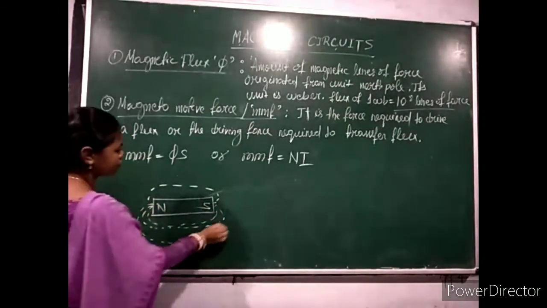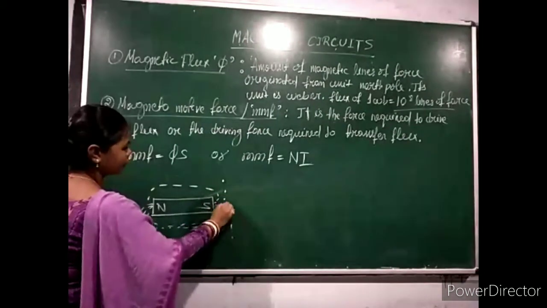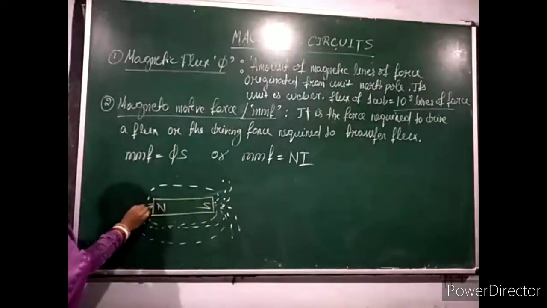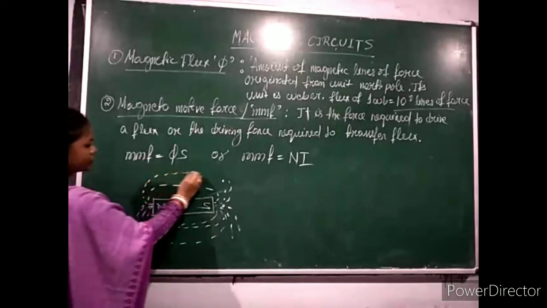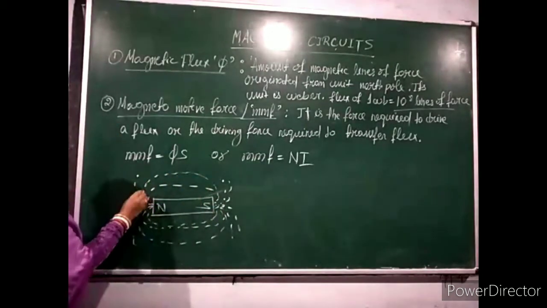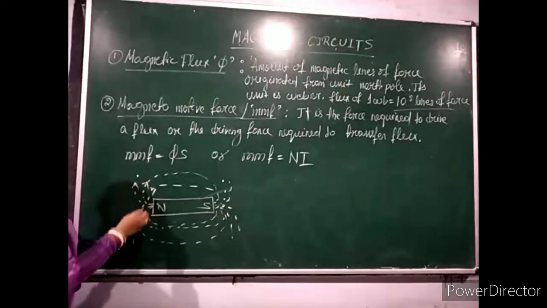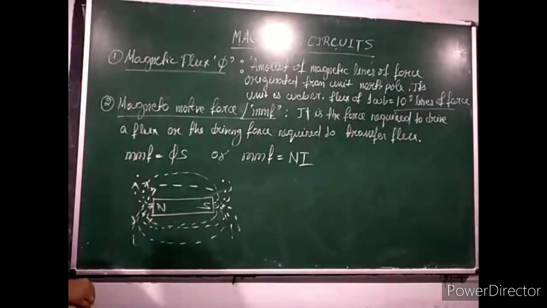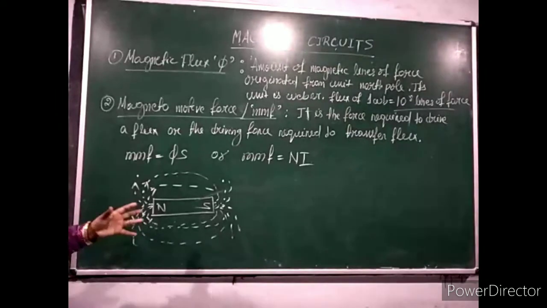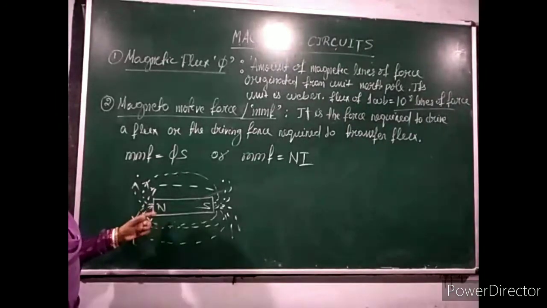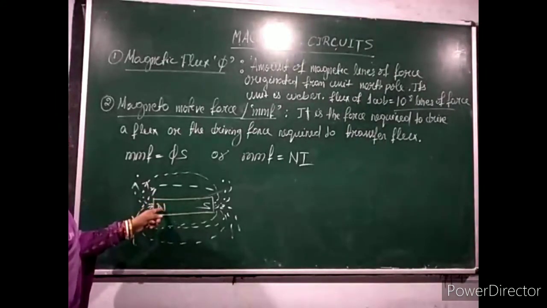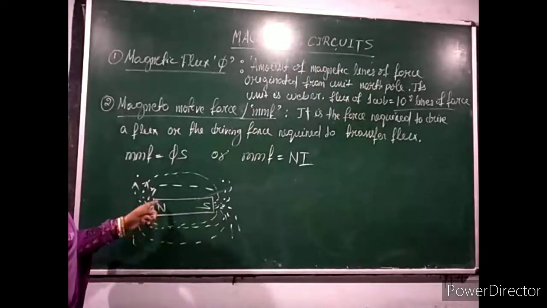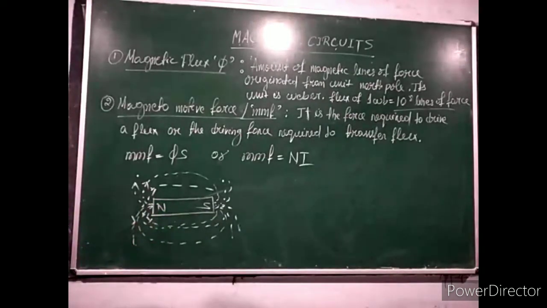Here the dotted line shows the magnetic line of force, and the arrow mark shows the direction of movement. So the total number of magnetic lines exerted by the unit north pole is known as flux. Its unit is Weber.